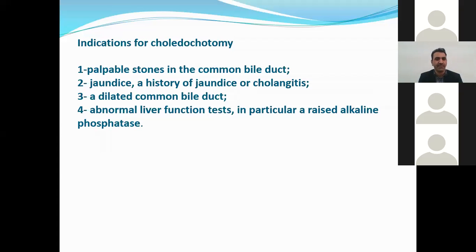Four, abnormal liver function tests, particularly raised alkaline phosphatase, because the liver function test is composed of bilirubin, direct or indirect, and liver enzymes, ALT, AST, to exclude obstructive jaundice. The alkaline phosphatase is usually important in case of obstructive jaundice.